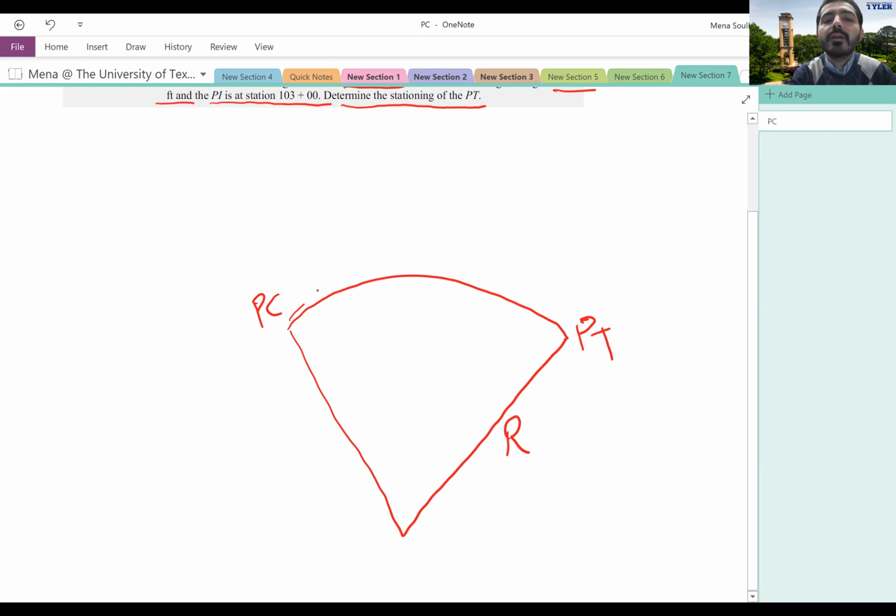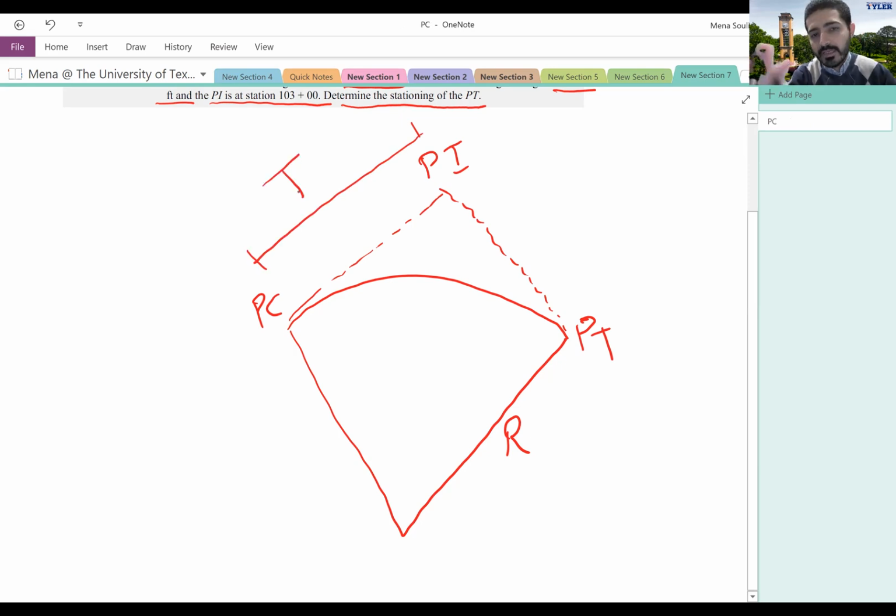And now if I want to draw the tangents to meet at the PI, the tangent here, this is the T. This is a little revision for your exam coming up. And the length along the curvature, that's the L. And then I also have the delta.